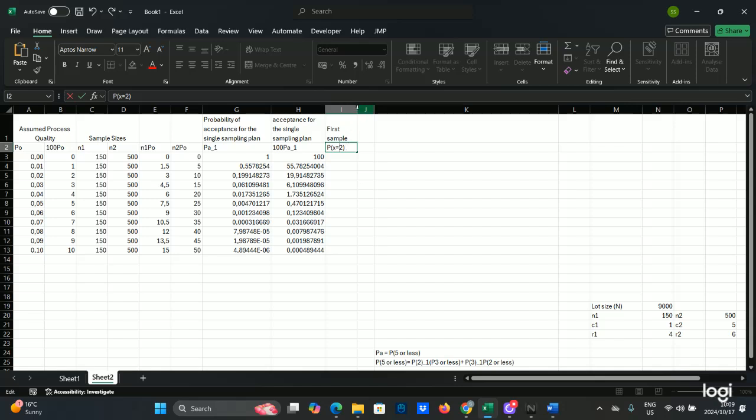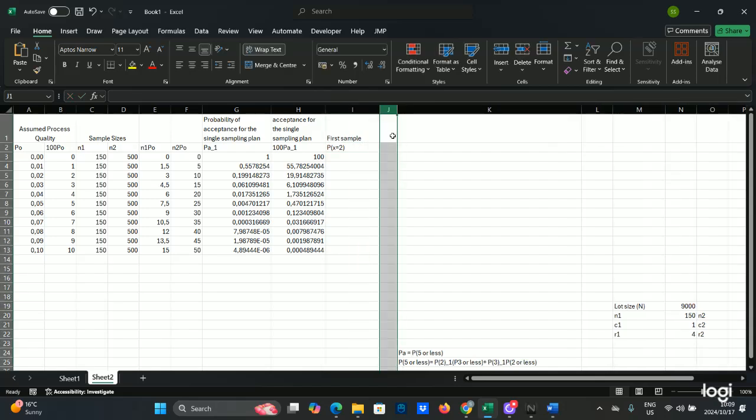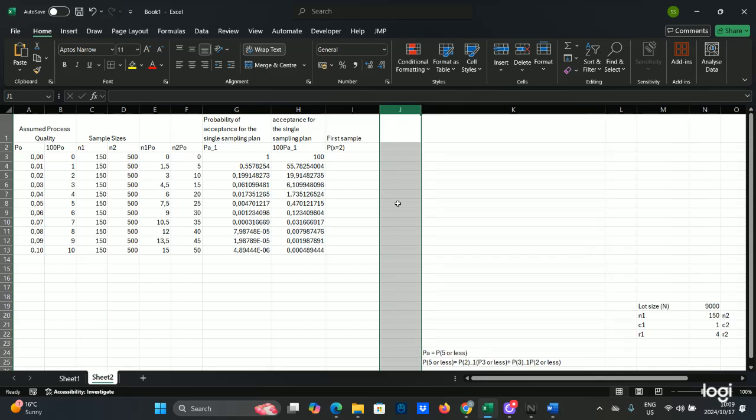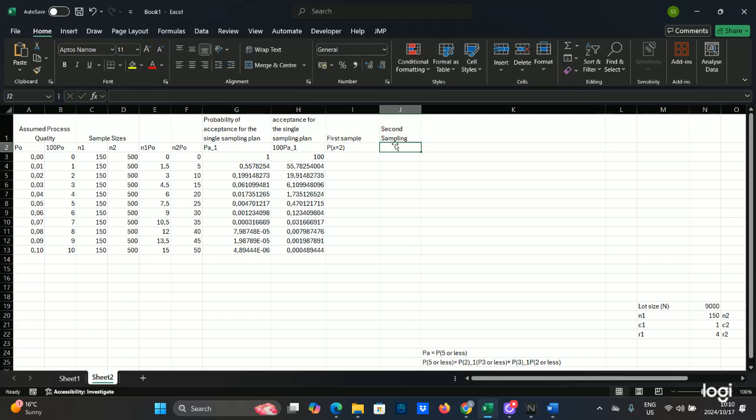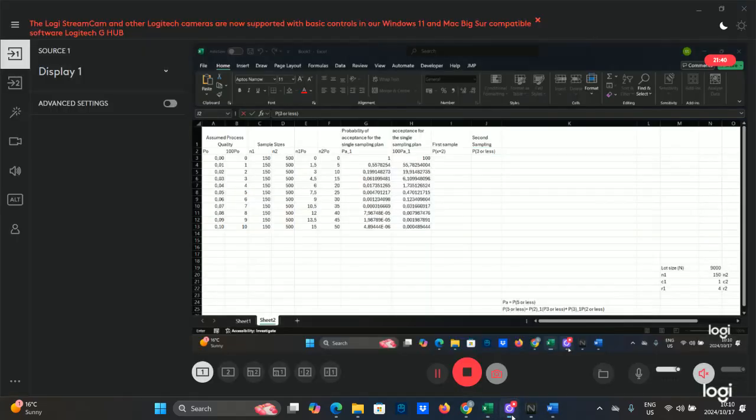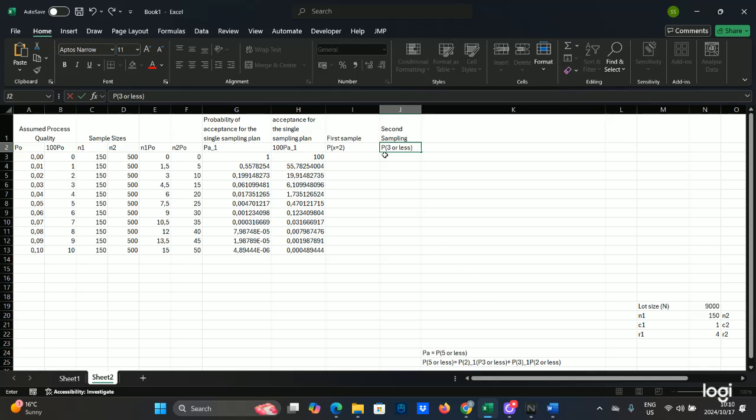This is the probability that they find two defectives in the first sampling. And then in the second sampling, if they found 2 in the first, they have to find 3 or less.